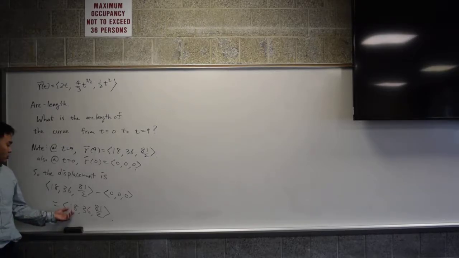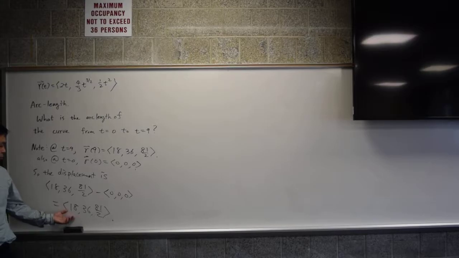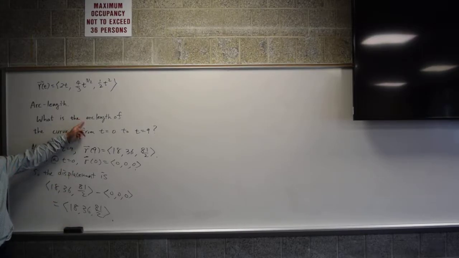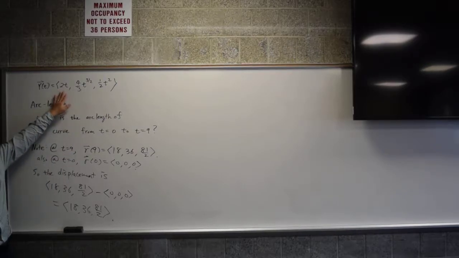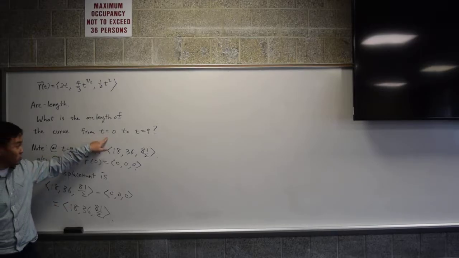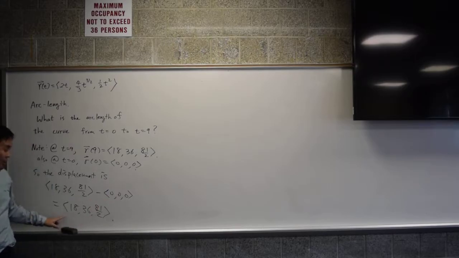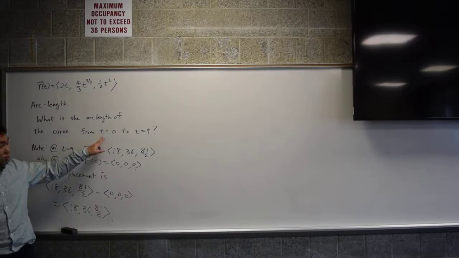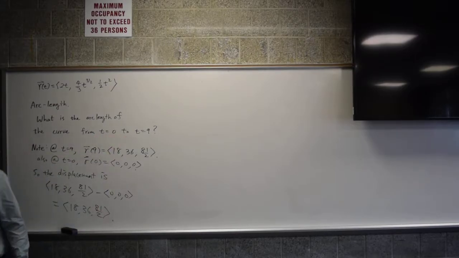And if you were to calculate the norm of this, it will be a value that's actually smaller than the actual arc length, because this is a curve. It's not a straight line. This will be the straight distance from t equal to 0 to t equal to 9. If you take the norm of this, that's going to give you the straight distance from here to there.